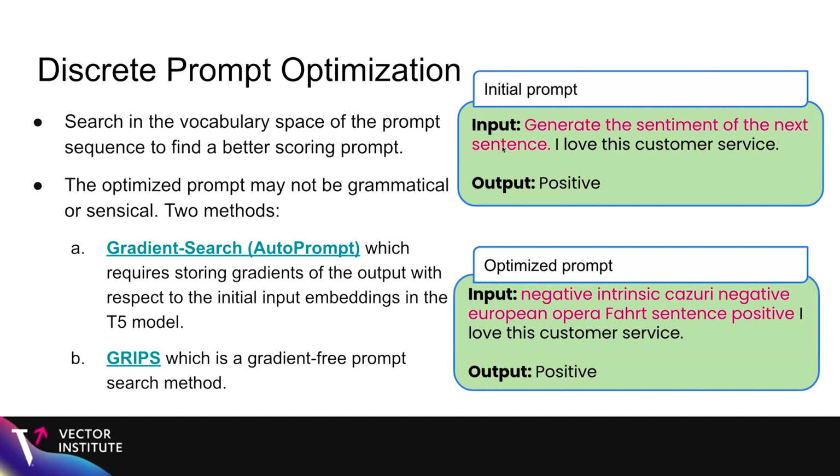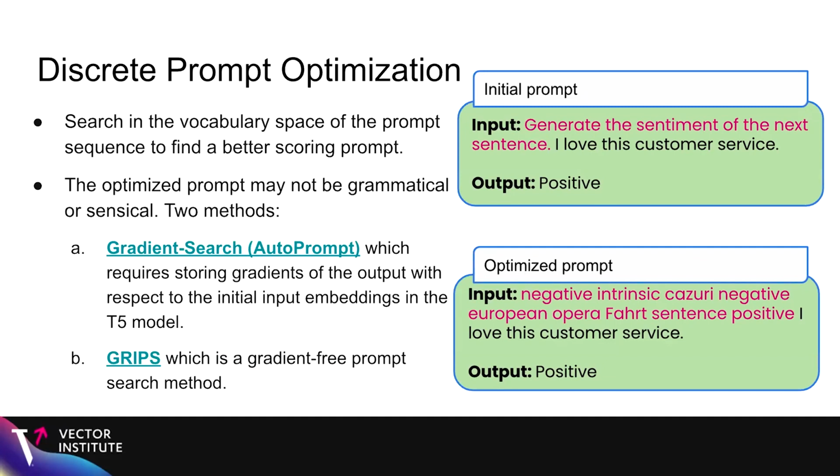Here we have an example on the right: this is our initial prompt, and after optimizing it with one of the methods, we can end up with this ungrammatical prompt that actually performs better compared to the original one. With discrete prompt optimization, the optimized prompts may not be grammatical or sensical, but that's something reported mostly in the research papers.